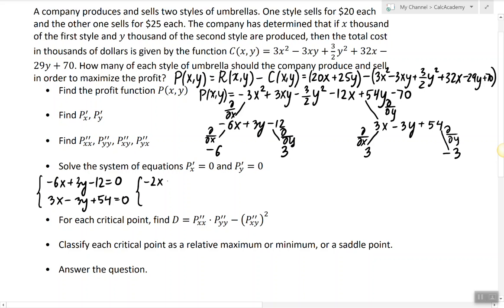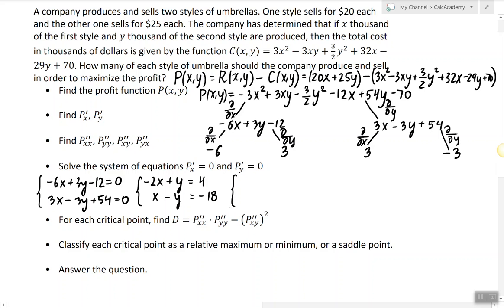So for example, we have negative 2x plus y, and if we subtract 12 from both sides and then divide by 3, we get 4. And here same thing, dividing by 3 gives us x minus y, and subtracting 54 from both sides and then dividing by 3 will give us negative 18.